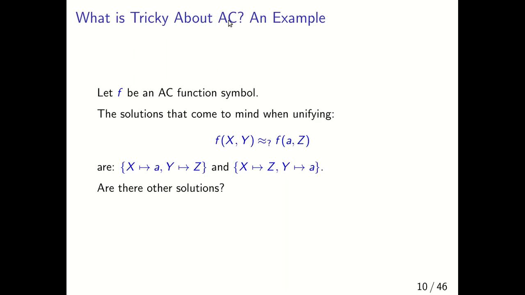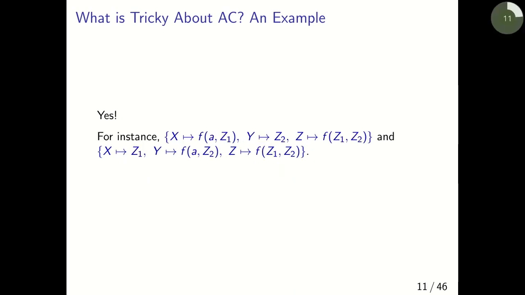Okay, what is tricky about AC unification? Here's an example. Let f be an AC function symbol, and let's think about the solutions that come to mind when we try to unify f of x, y with f of a, z. Well, you can instantiate x to the constant a, you can instantiate the variable y to the variable z, so you have the solution here. Or you can instantiate x to z and y to a. But are there other solutions? What do you think? At first you think, oh no, there are not, but actually there are.